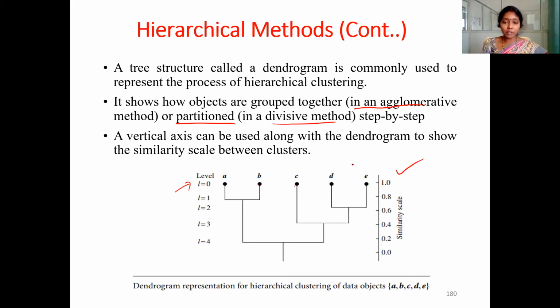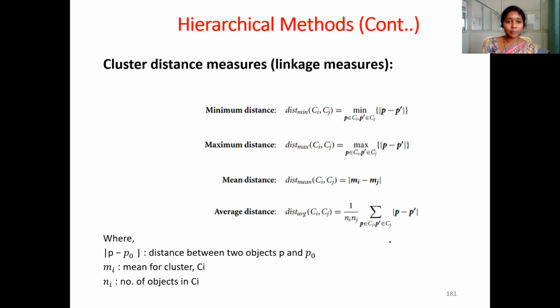So initially we consider the individual clusters in level 1, and in the next level we club the individual clusters based on their similarity. That similarity is indicated with the similarity scale. So this is a tree-like structure, just a representation of the clustering process, nothing more than that.